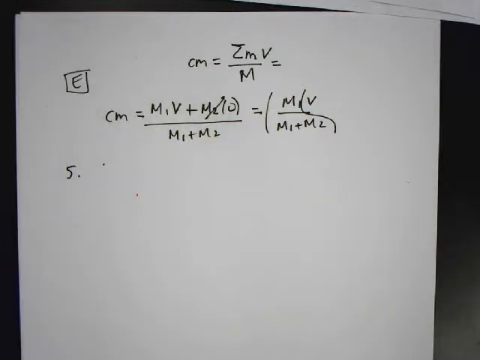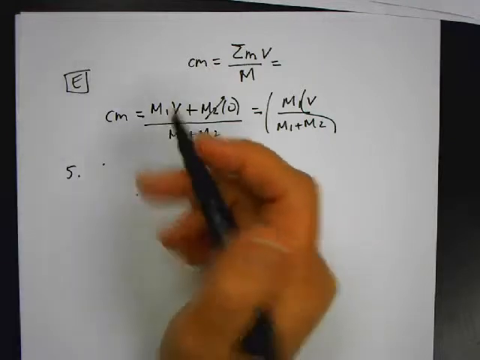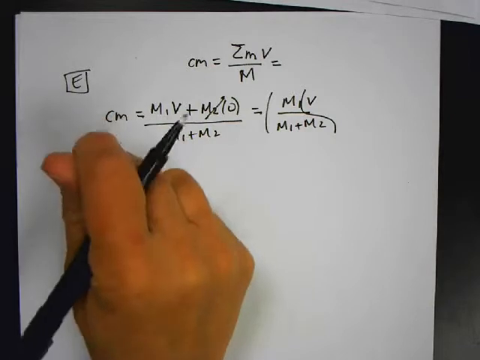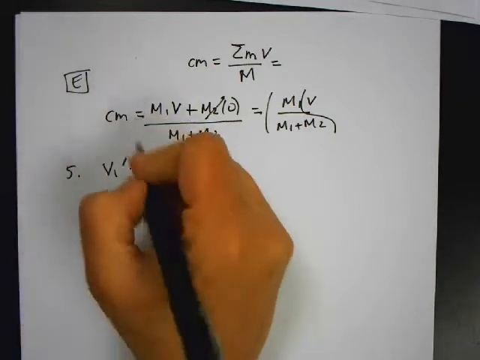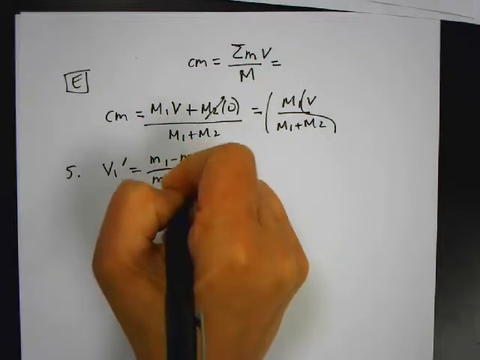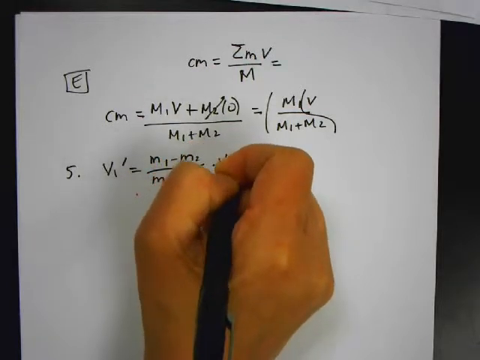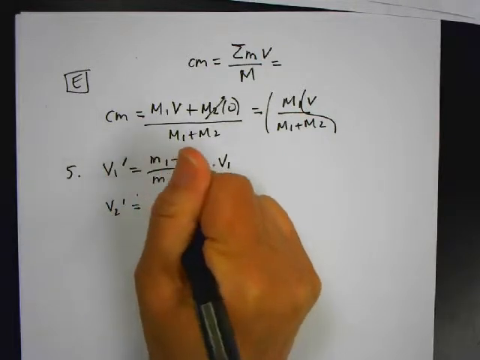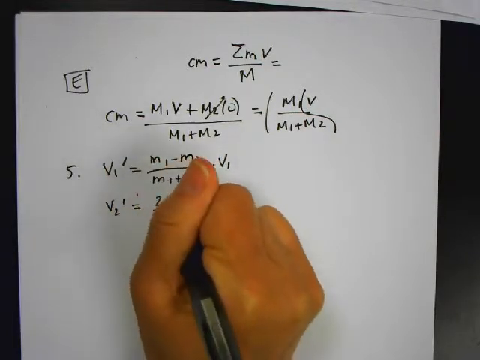Now, I've seen this a couple of times on the AP test, so I think it might help to remember the equations. v1 prime, the velocity of v1 after collision, is m1 minus m2 over m1 plus m2 times v1. And then v2 prime is equal to 2m1 over m1 plus m2.